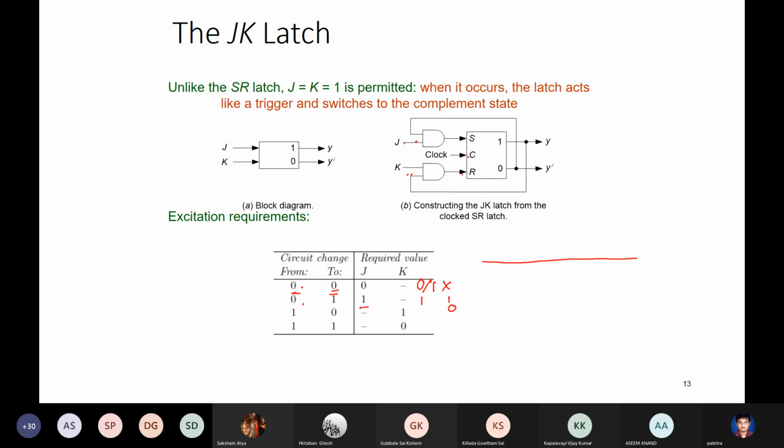One exercise that you can probably do is to draw something called a timing diagram. It's kind of a use case analysis. This is my clock, let's say a train of pulses coming like this.